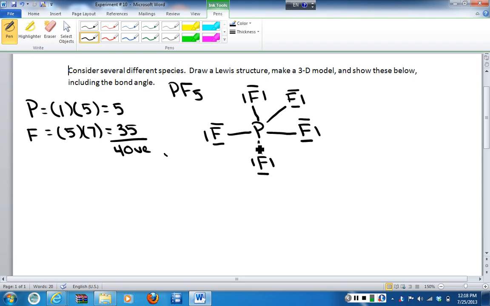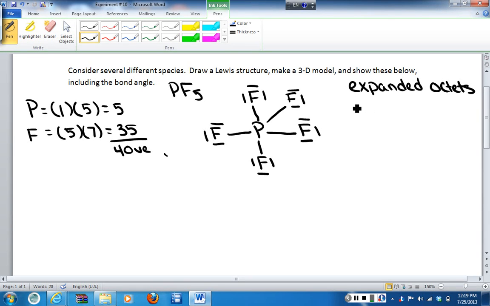Then we have to ask ourselves, does everything have an octet? All of the fluorines have an octet. However, the phosphorus actually has 10 valence electrons, and you know that this isn't right. But remember, we can have what's known as expanded octets, where if we're in a certain position on the periodic table, we can hold more than 8 valence electrons.